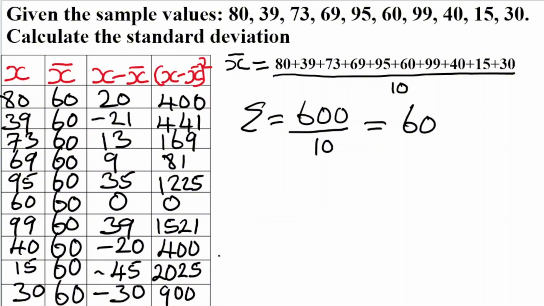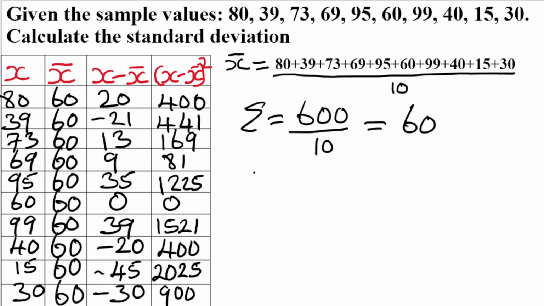The next one is summation. Let's sum our numbers. Your calculator, please. 400 plus 441 plus 169 plus 81 plus 1225 plus 0 plus 1521 plus 400 plus 2025 plus 900.